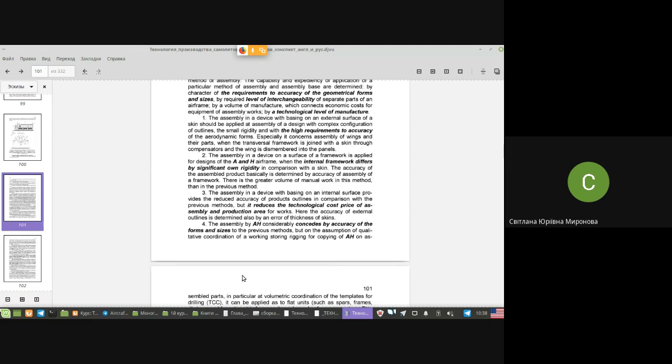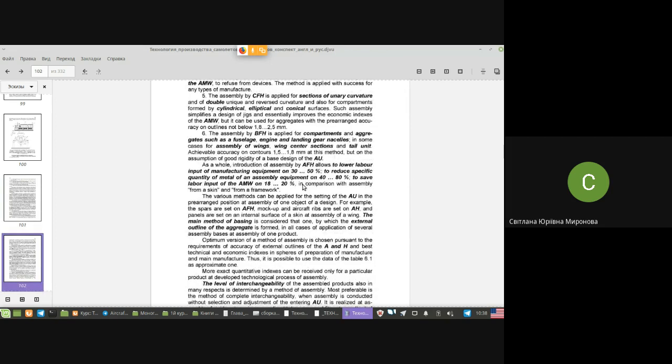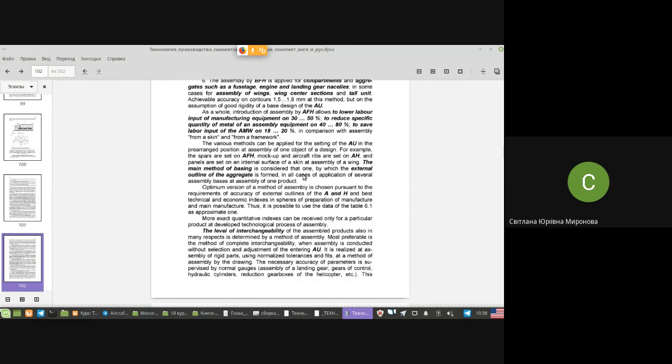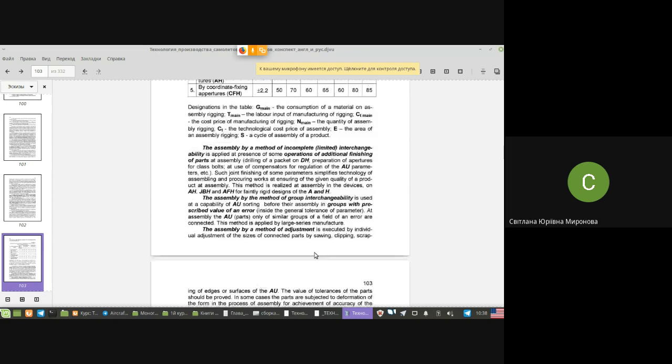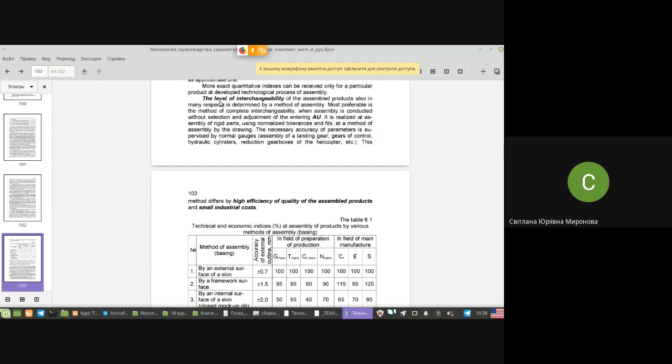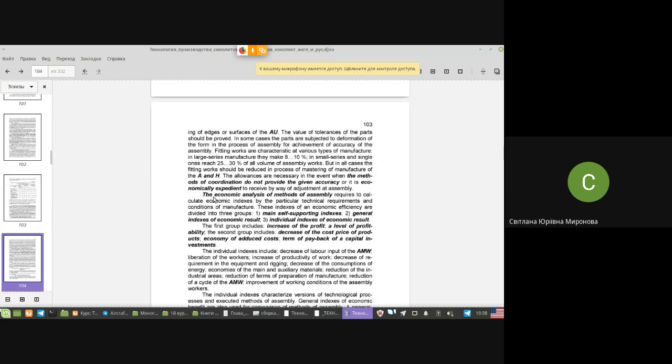It's yet about the principle of locating, and here, a little bit as a whole, an introduction to the level of interchangeability; you see, these words explain a little bit what we're going to talk about. Really a little bit. And next it's given a table of comparison. Pay attention. Here is assembling by methods of incomplete interchangeability, assembling by method of group interchangeability. You see. And that's it.